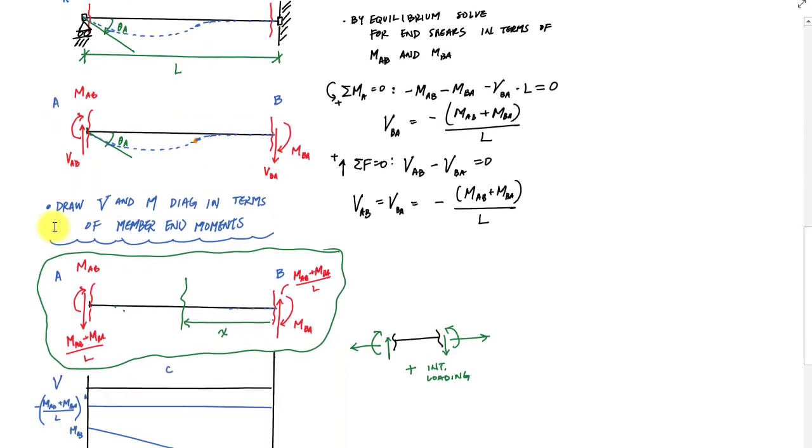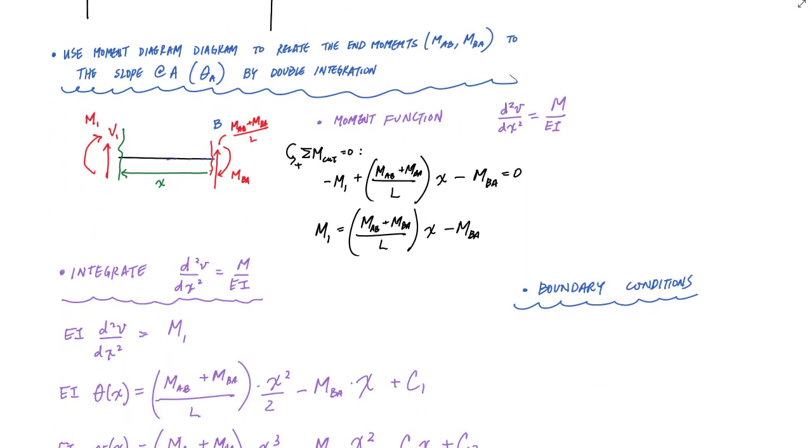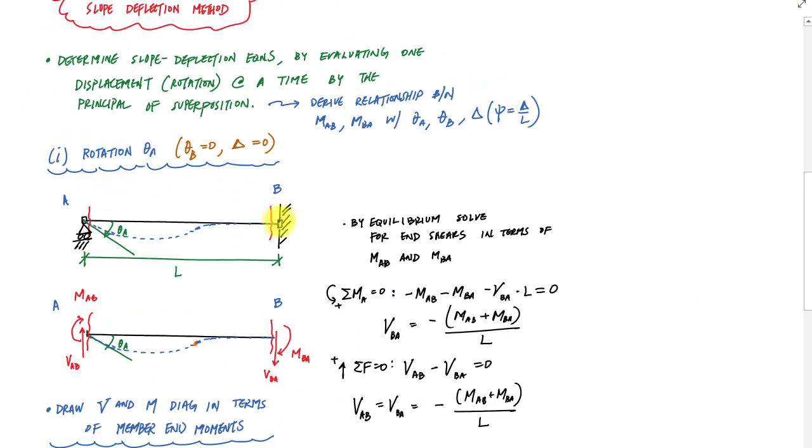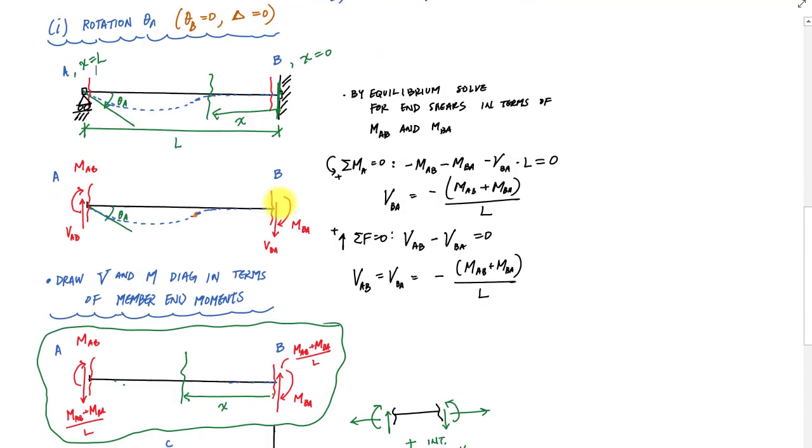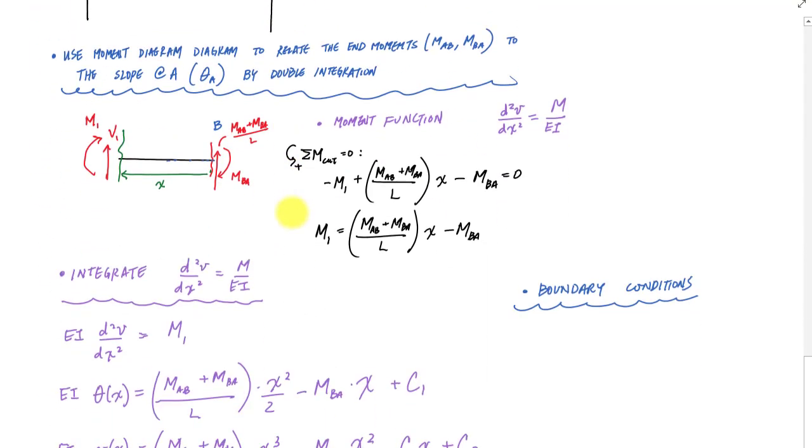And so my boundary conditions, the first two that I will use, are that in terms of my coordinate system, this location was x equals 0, and I had x going this way, like this. And so point B actually represents x equals 0, and point A represents x equals L in terms of my moment function and my integration method.